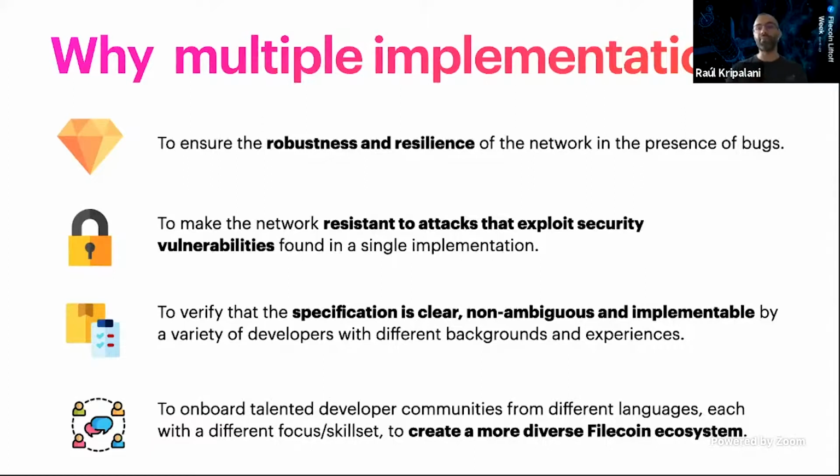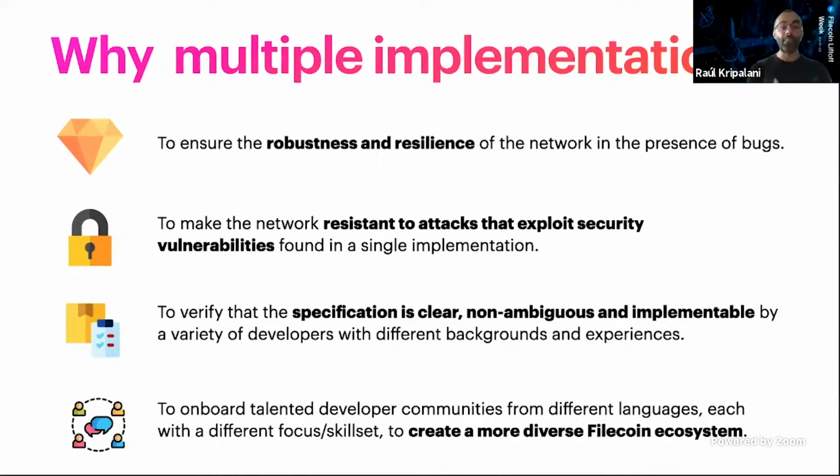It really depends on the nature of the bug, but if the bug is in the protocol, if the bug impacts consensus, it would be immediately spottable in a network that is heterogeneous, that is running with multiple clients, because one particular implementation has deviated from the rest of the network and there will be a fork emerging. So this is really important, because if we didn't have multiple implementations, the bug would probably persist for a long time, because we would potentially have no way of noticing it until, maybe, it was too late.